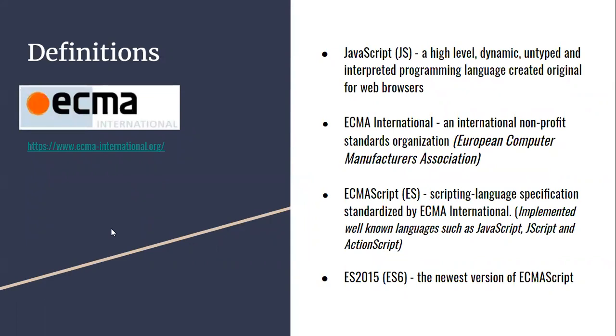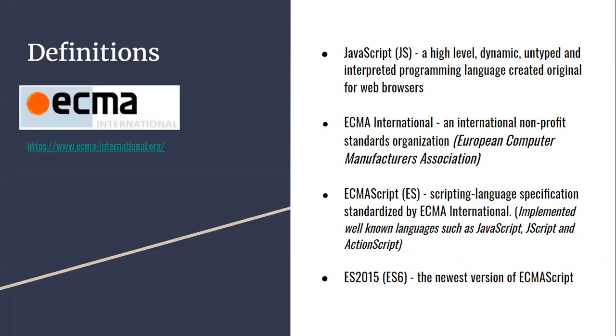So we talked about W3C, I believe, which was the organization for the web, www and HTML standards, CSS standards, but there is one for JavaScript called ECMA International, in fact. So we know that JavaScript, often referred to as JS as well, is a high-level, dynamic, untyped, interpreted programming language originally created for browsers.